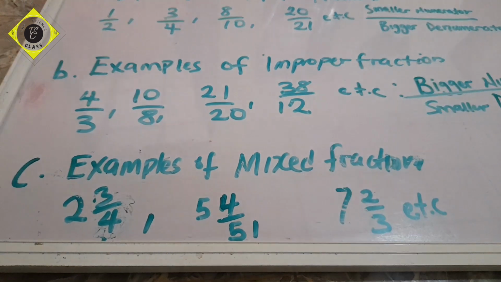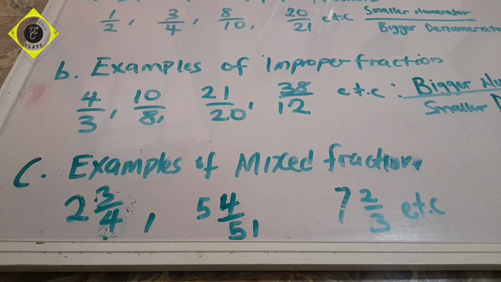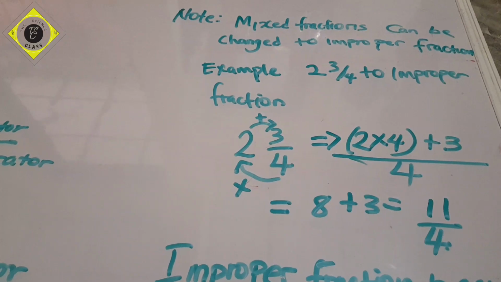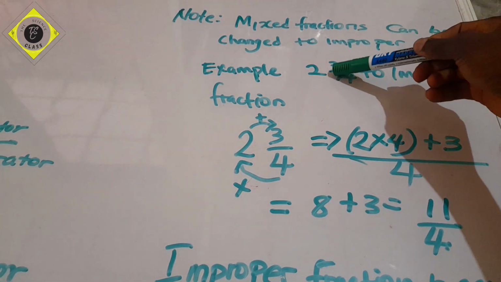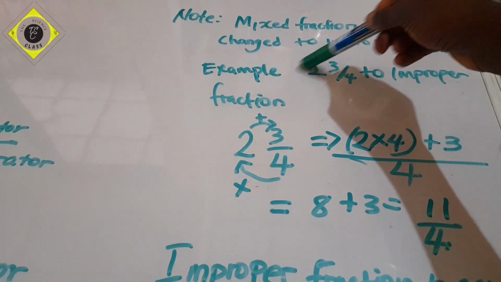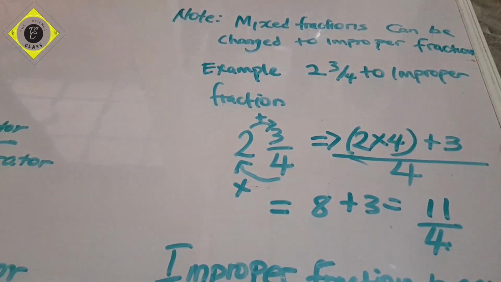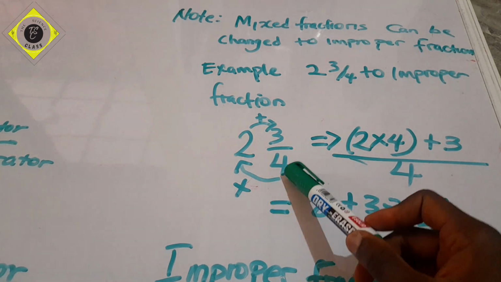So let us see how we can convert a mixed fraction to an improper fraction. Example here: we have 2 whole number 3 over 4, to an improper fraction. Now, this is our fraction here.